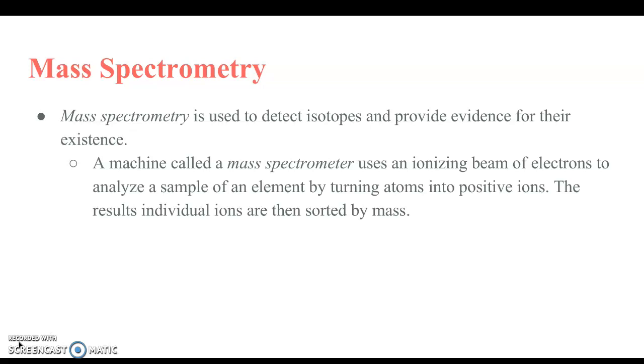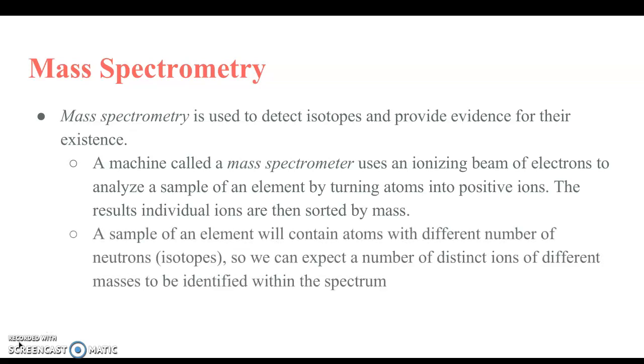This results in individual ions that are then sorted by mass, which we'll take a look at what that graph looks like in a second. A sample of the element will contain atoms of different numbers of neutrons, aka isotopes, so we'll be able to detect a number of distinct ions with different masses within our spectrum.